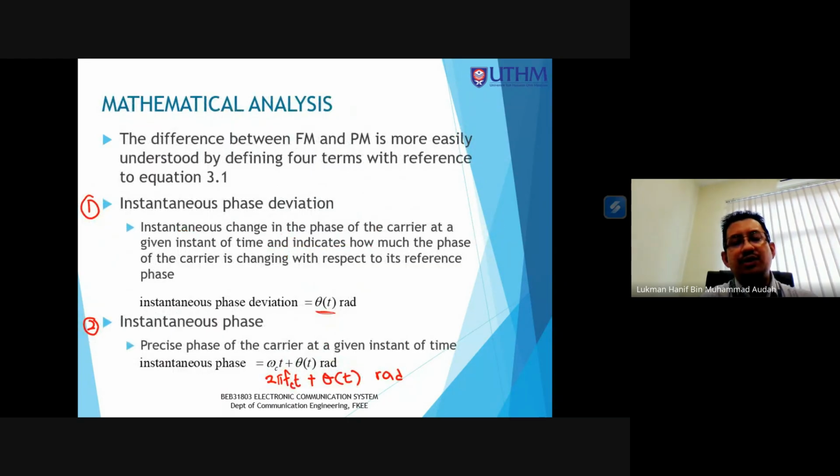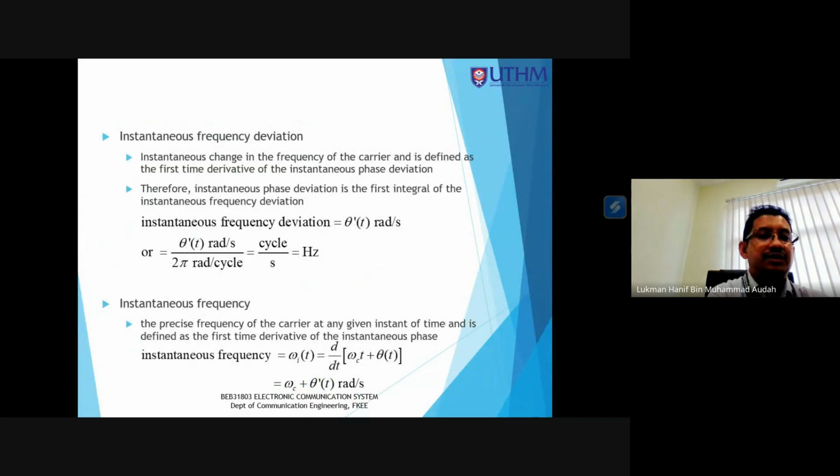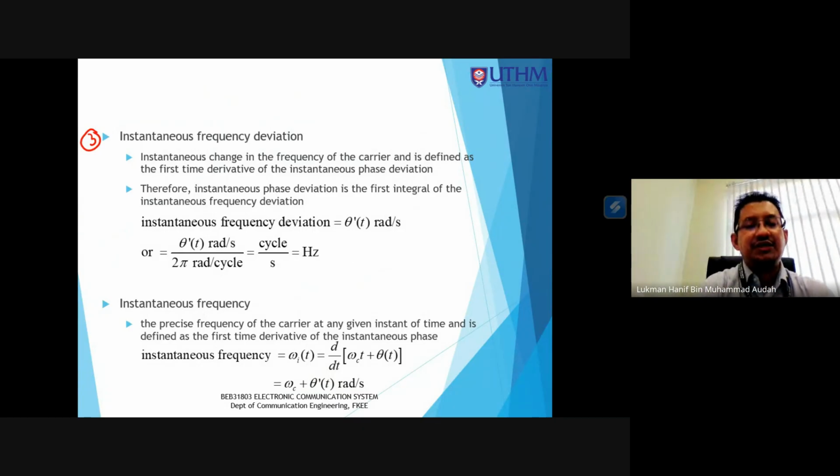Then we can look into the third parameter, which we call the instantaneous frequency deviation. Instantaneous frequency deviation is the instantaneous change of the frequency of the carrier, and is defined as the first-time derivative of the instantaneous phase deviation. So this is actually the instantaneous change of carrier frequency according to the input at a specific time.